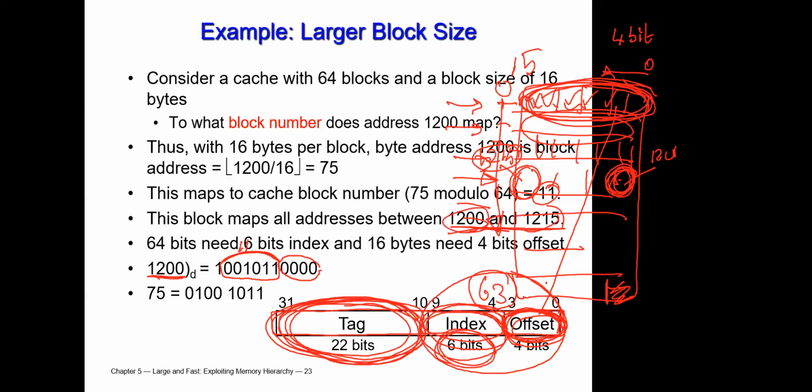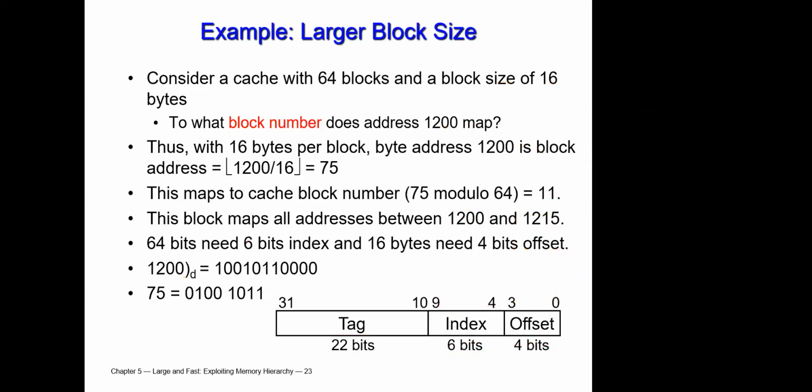We have already proved it. Correct? Not only that, if you look at this number, forget about all of these things, and you would like to know which block inside my main memory, if you read this number, you'll find that this is 75. Yes, but that's not my interest.